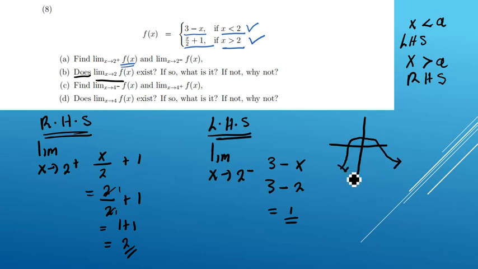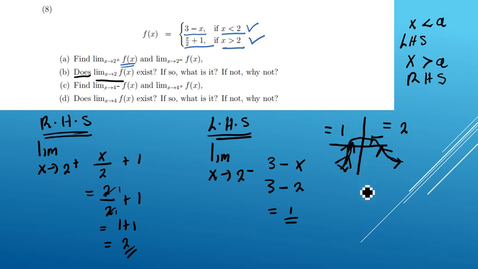When we approached this limit from this side, in this direction, we discovered that our answer was simply 2. And when we used this route from the left hand side, we discovered that our answer was 1.